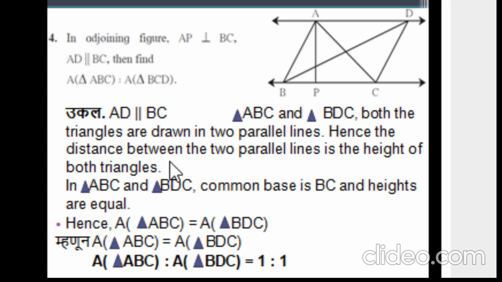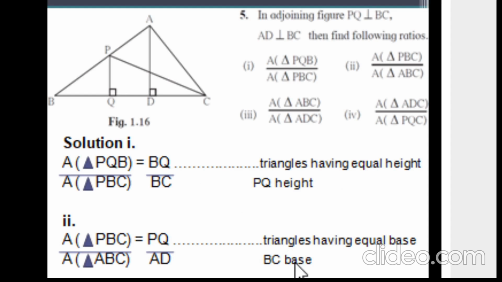Hence the distance between the two parallel lines is the height of both triangles, so the height is equal. Triangle ABC and triangle BDC also have a common base, that is BC. So height is common, base is also common. The areas of ABC and BDC are equal. Therefore the ratio is 1 is to 1.